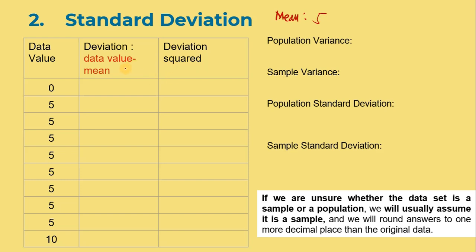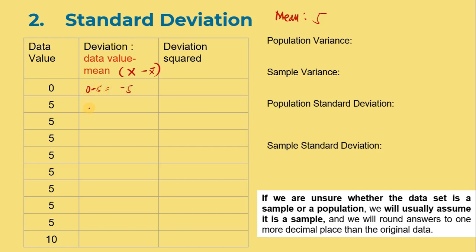So the data value minus the mean, so x minus the mean. The mean is symbolized like this. So what we do is like this: 0 minus 5 is negative 5.